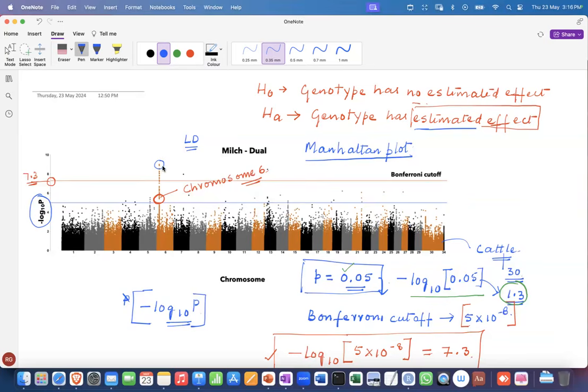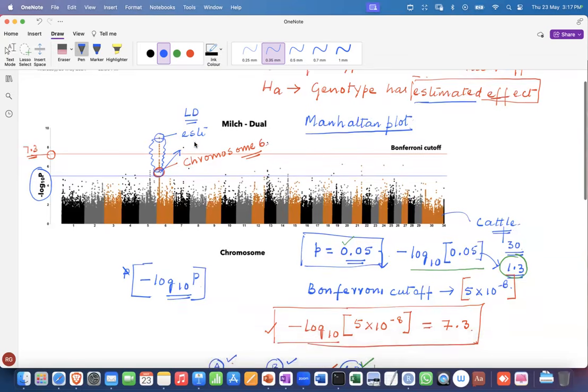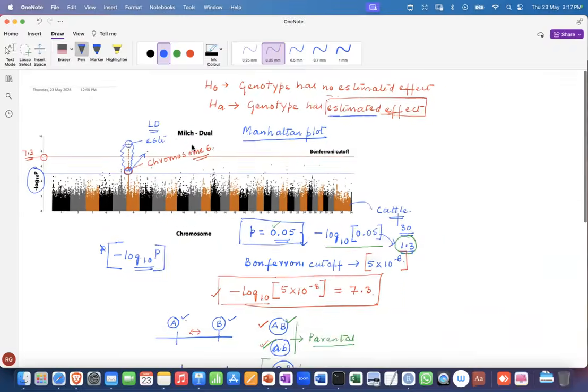No, it is like this: just because this particular SNP is in LD with any of the SNPs below, it can have any other SNP which has a major effect. That's the reason why we say it is an estimated effect. We don't say that it has an effect directly. Hope I'm clear. All said and done.